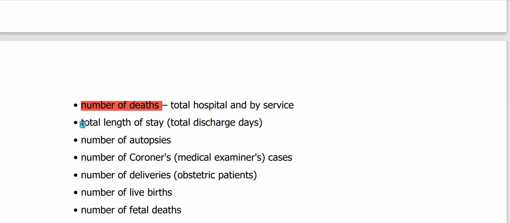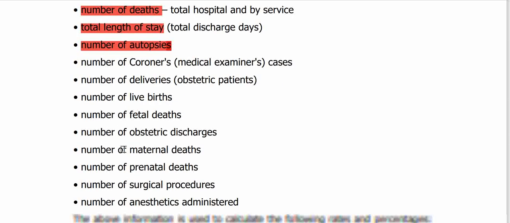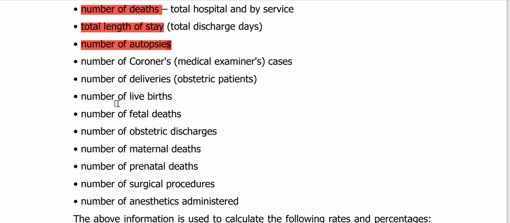I've talked about that already, sorry. The total length of stay or the total discharge days. Okay, and we also want to look at the number of autopsies, and then we also want to see the number of coroners' or medical examiners' cases, and also want to calculate the number of deliveries when you're focusing on obstetrics patients, the patients that were under gynecological care or maybe management in their pregnancy periods.